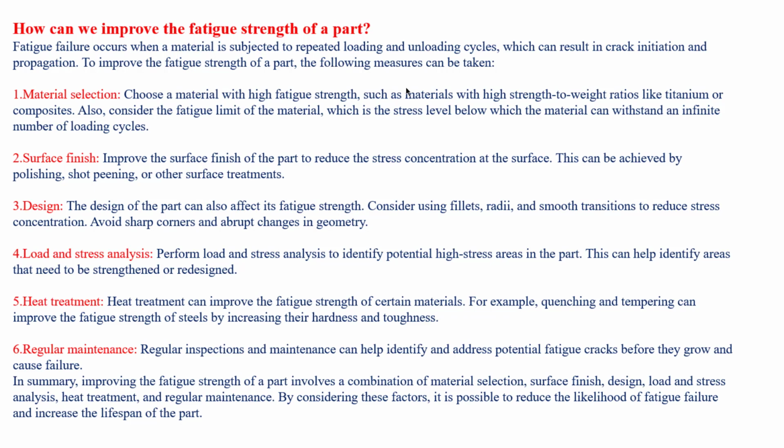Load and stress cycles: perform load and stress cycle analysis to identify the high stress areas and make changes accordingly. Heat treatment will also help, that is quenching and tempering to increase the fatigue strength. Regular maintenance of the component will also help you have a better lifespan. So these are the few points you need to take into account to improve the fatigue strength of the part.